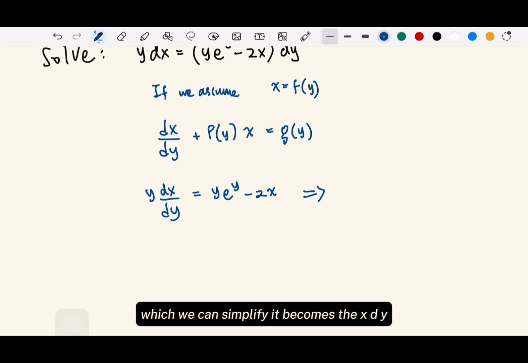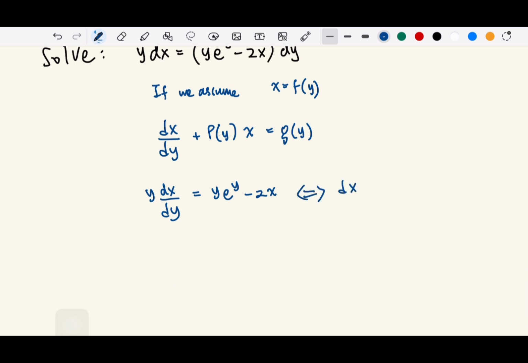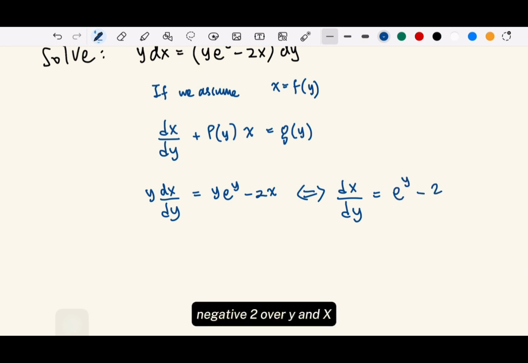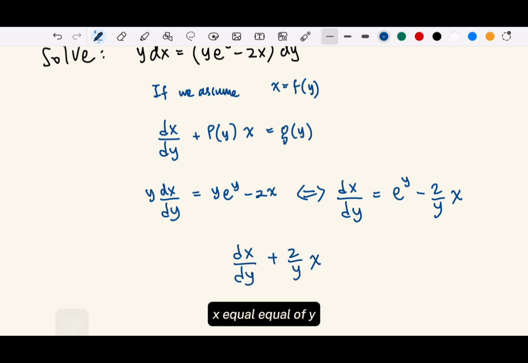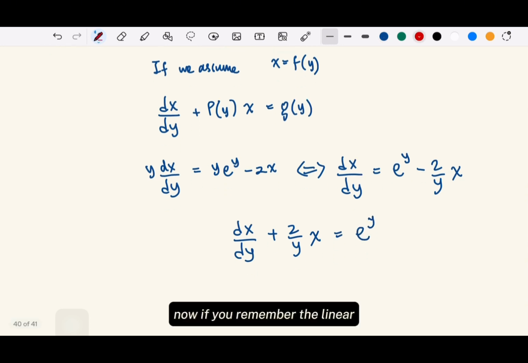It becomes dx/dy equal e to the power of y minus 2 over y times x. Or we could write dx/dy plus 2 over y times x equal e to the power of y. Now if we remember the linear, we are going to take this as our p of y, right? And this is g of y.